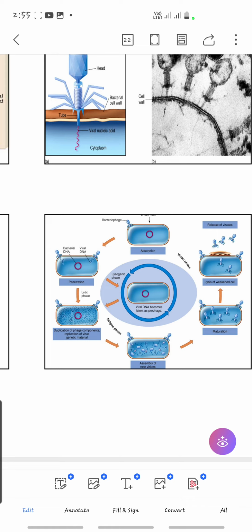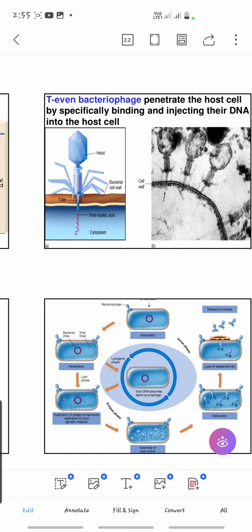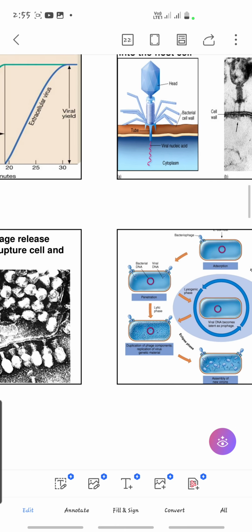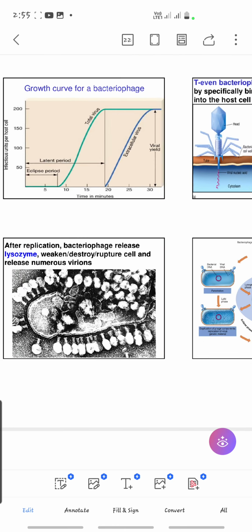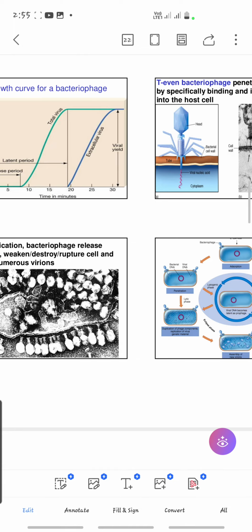That's why a while ago I was saying that after the bacteriophages bind and inject their DNA, the bacteriophages release a lysozyme, and that weakens or destroys or even ruptures our cell, and that can release virions. So it's like a cycle.